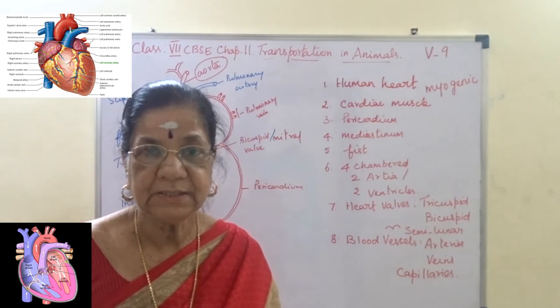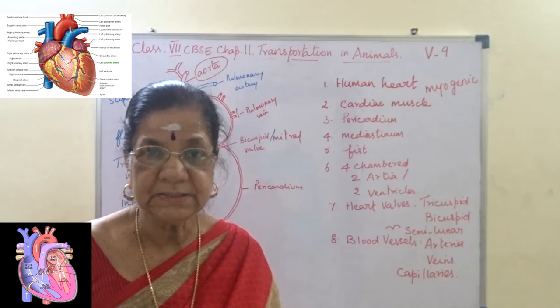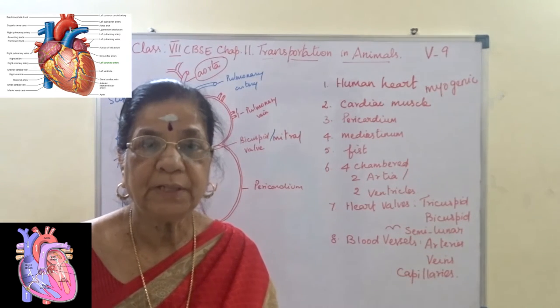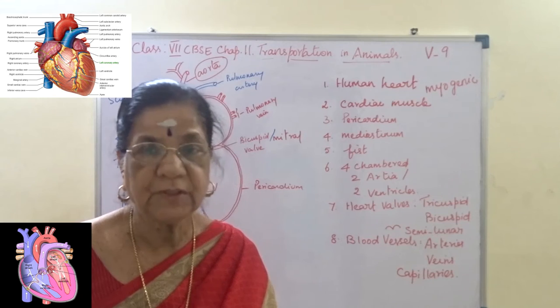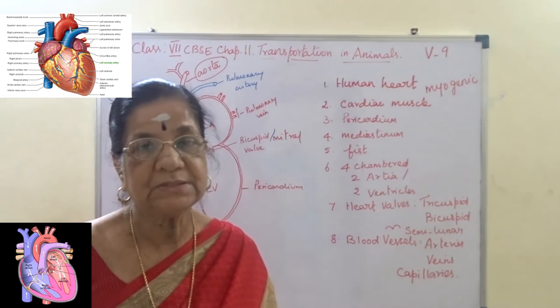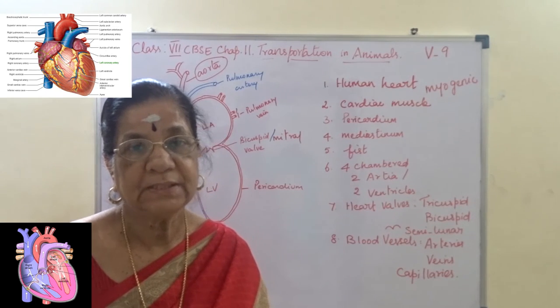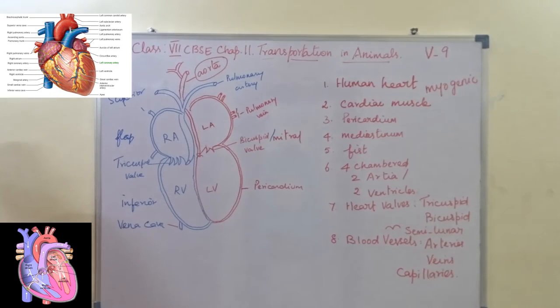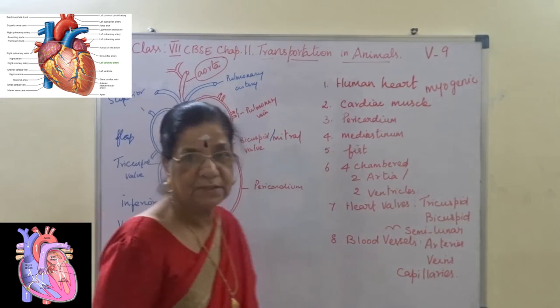I repeat, the left atrium receives oxygenated blood from the lungs through the pulmonary veins. Okay, and then the left ventricle sends oxygenated blood through the aorta. I hope you understand.